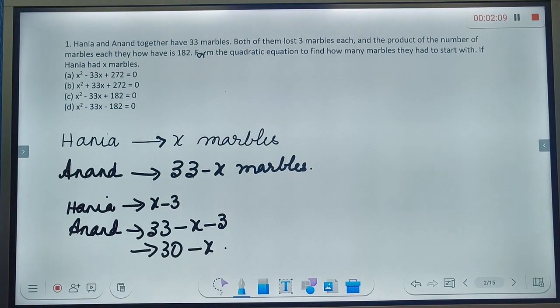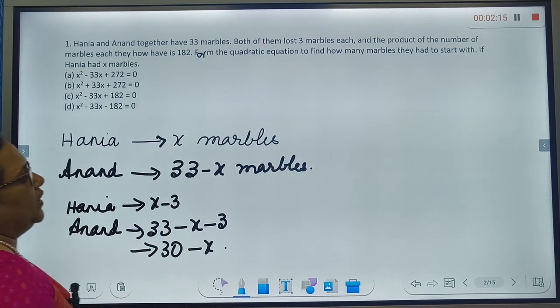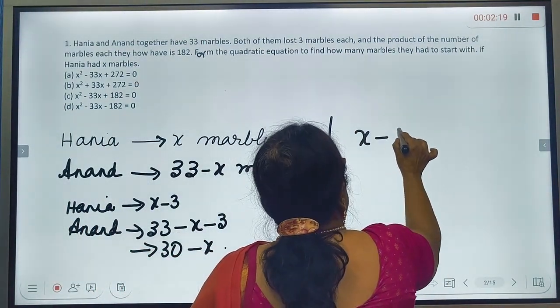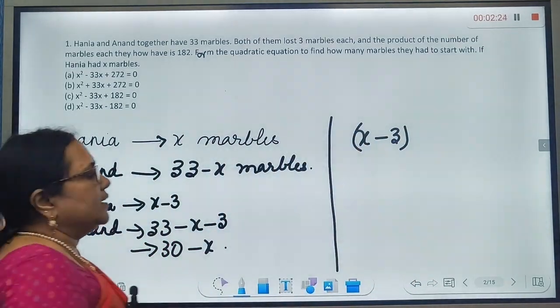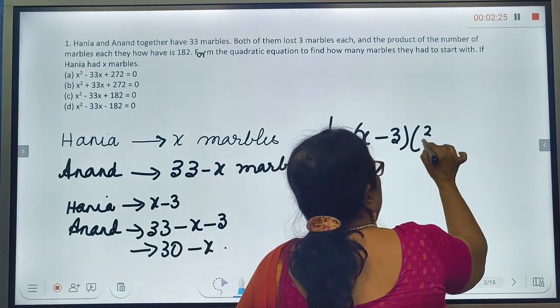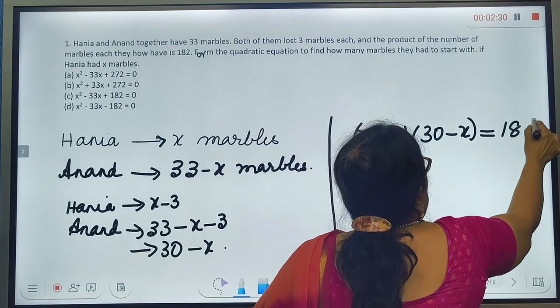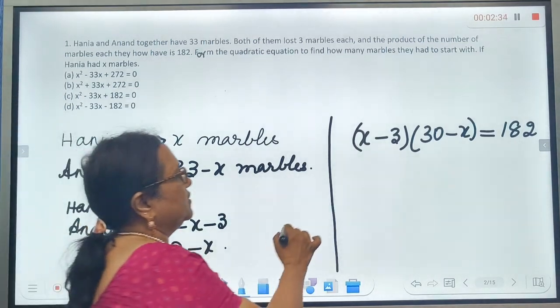Now what else is given? Now the product of the number of marbles they have now is equal to 182. That means X minus 3 is the number of marbles that Aniya possesses. Anand has 30 minus X. The product is given to be 182. Let us simplify this.